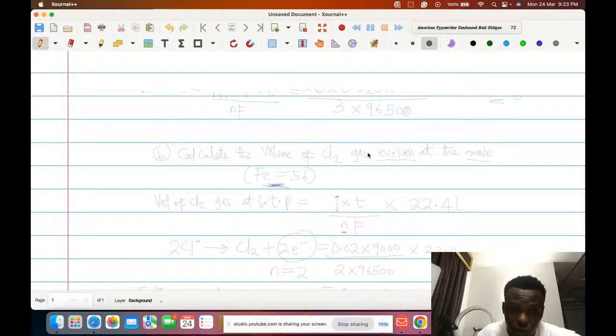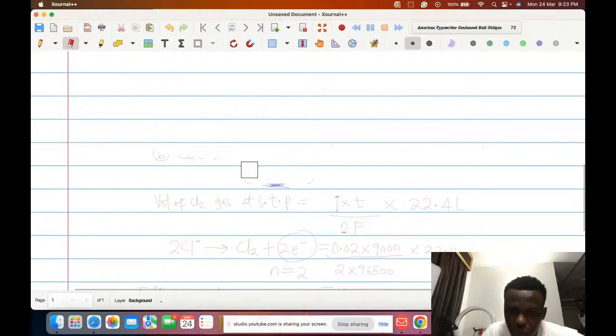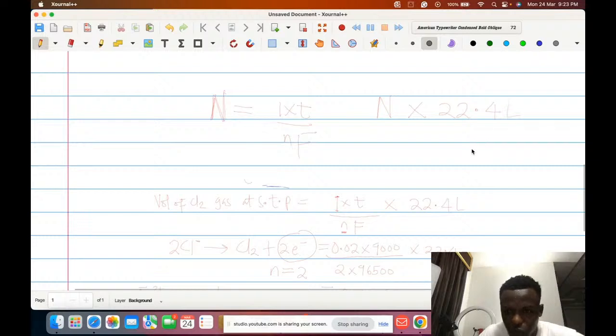So I said, instead of going through the process of solving it one after the other, why not just use this formula? N, which is our mole, is I times T all over N F. So whatever you have as your answer N, you now multiply with 22.4 to give us the volume. Now this N is a mole.